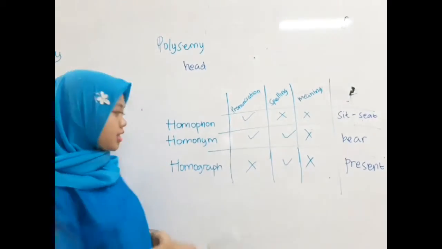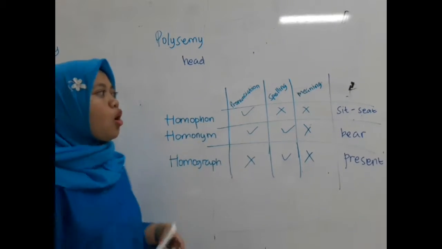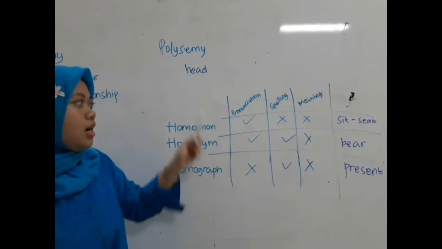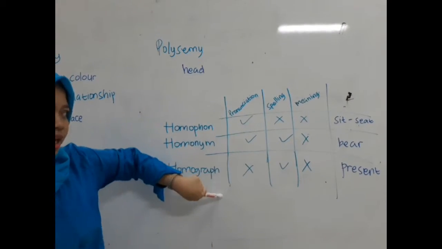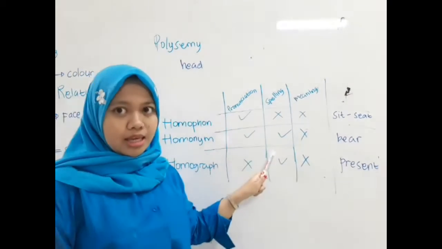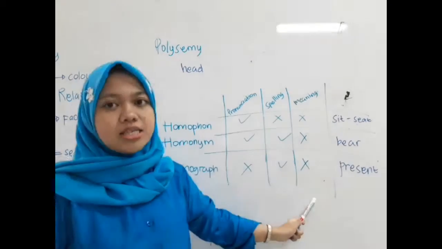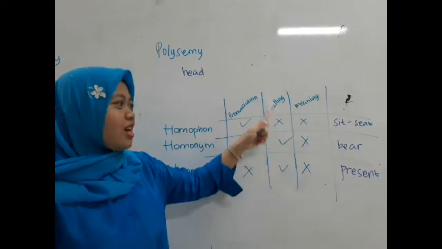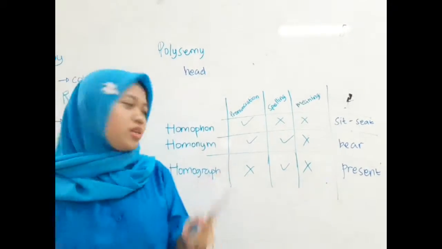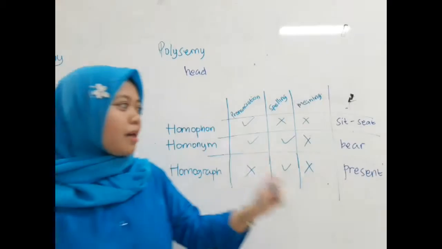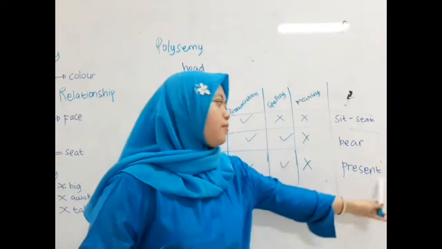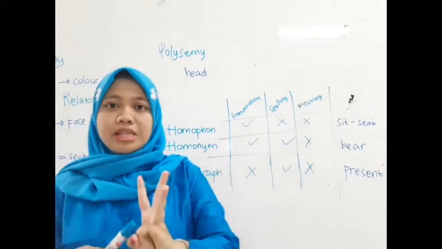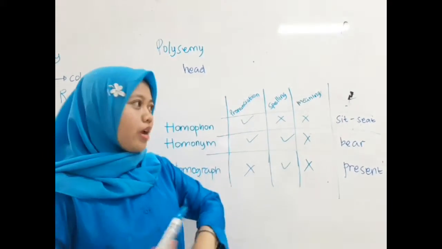And the last one is homograph. So when we find words that have different pronunciation but the same spelling and different meanings, so the words only have similarities in the spelling, we call those words homograph. The example is this word, present. There are two or more possibilities to pronounce this word.